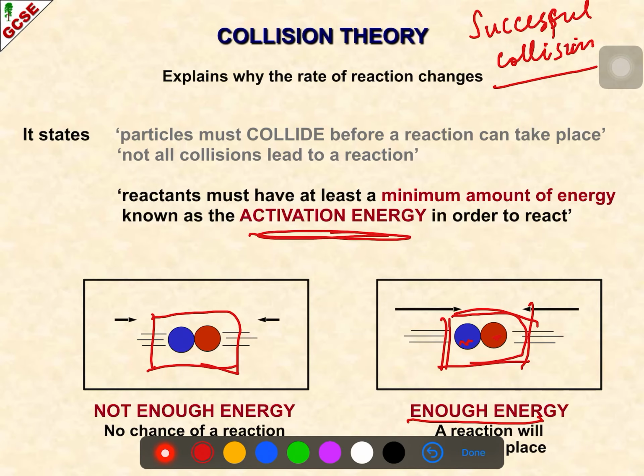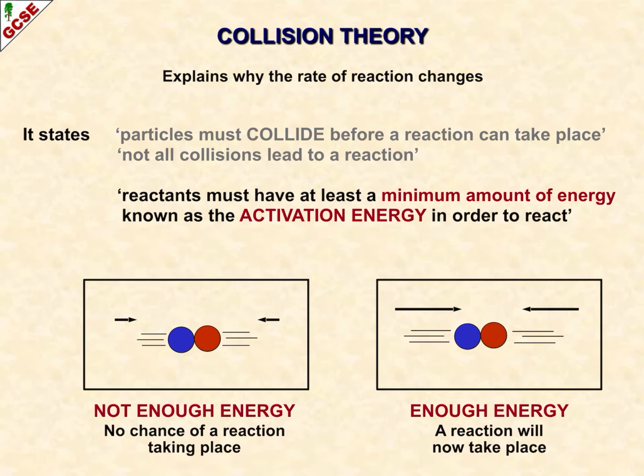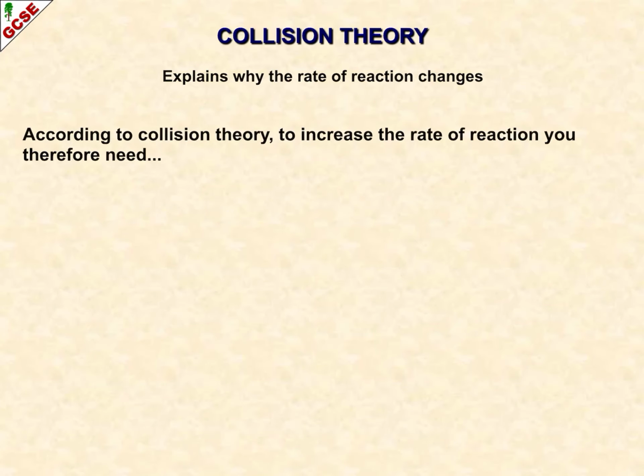If they ask you what is an activation energy, this is the minimum amount of energy that the particles must have in order to react. Again, what is activation energy? Minimum amount of energy that the reactants must have in order to react. So that is the collision theory.